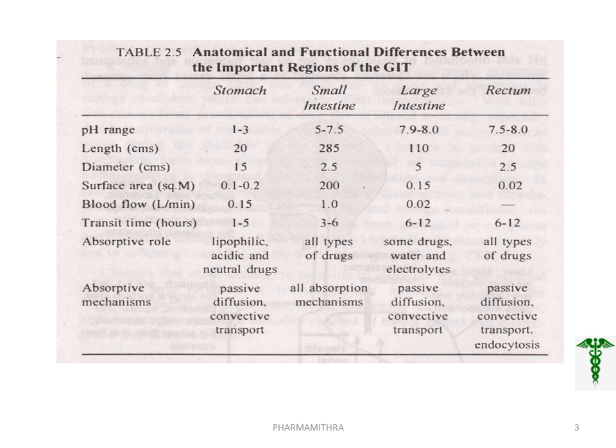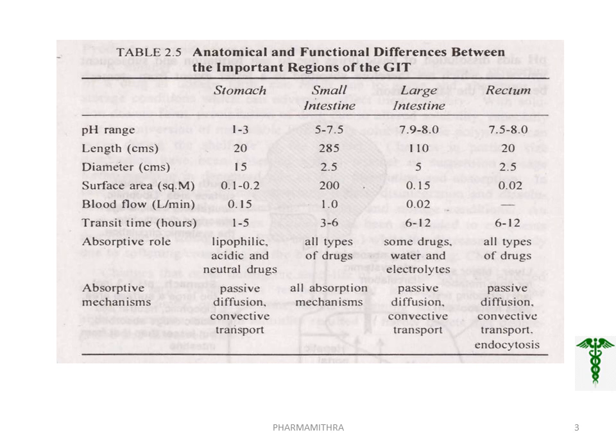This table shows the anatomical and functional differences between the important regions of the GIT, that is the stomach, small intestine, large intestine and rectum. The stomach pH is 1 to 3, moving to the small intestine it becomes 5 to 7.5, large intestine 7.9 to 8, and in the rectum 7.5 to 8. Length and diameters of the cilia can be seen in this table itself.